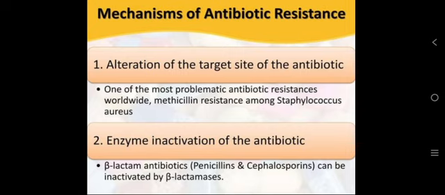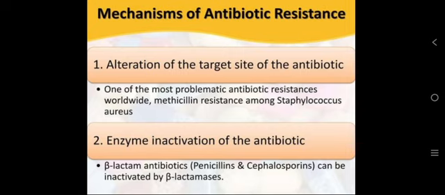Mechanism of antibiotic resistance. First one, alteration of the target site of the antibiotic. One of the most problematic antibiotic resistances worldwide is methicillin resistance among Staphylococcus species. Second one, enzyme inactivation of the antibiotics.